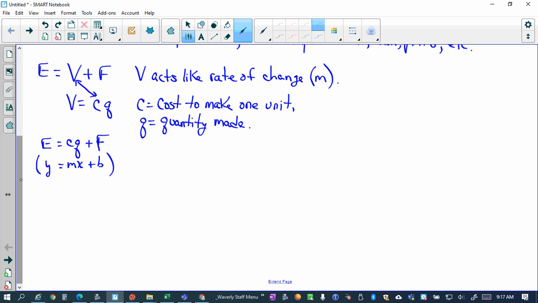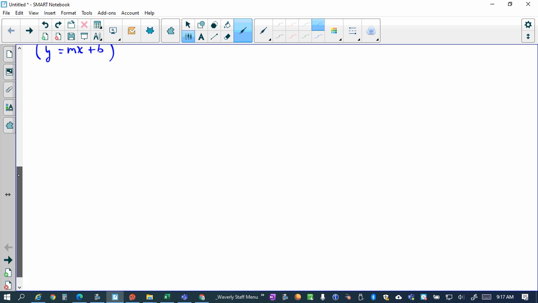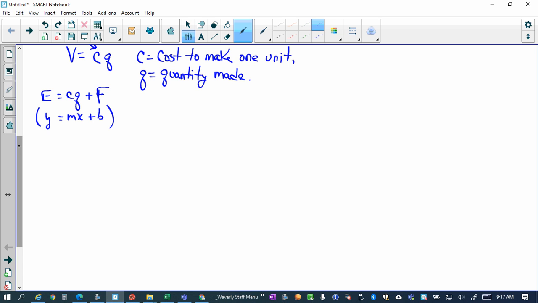Now, when you sell these widgets or calculators, you pay for them, and that money goes to the company that made them. What's that called? That's revenue. It is the opposite of expense. That's money received for selling goods and services.